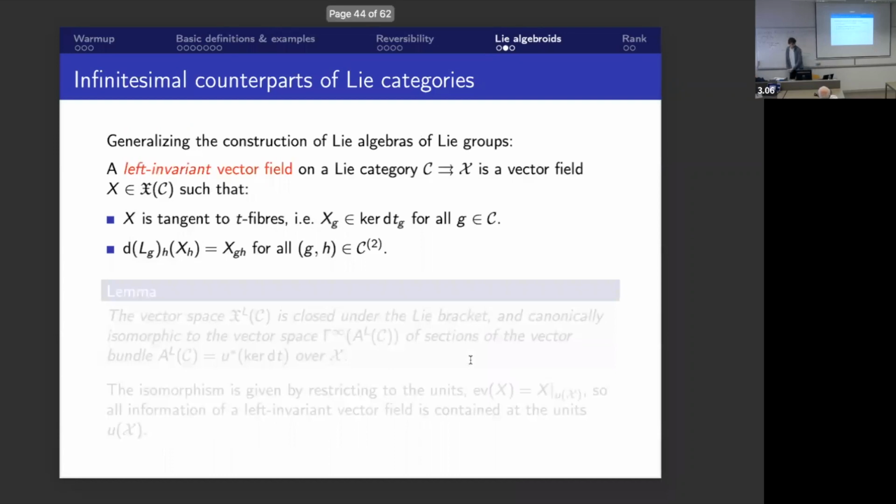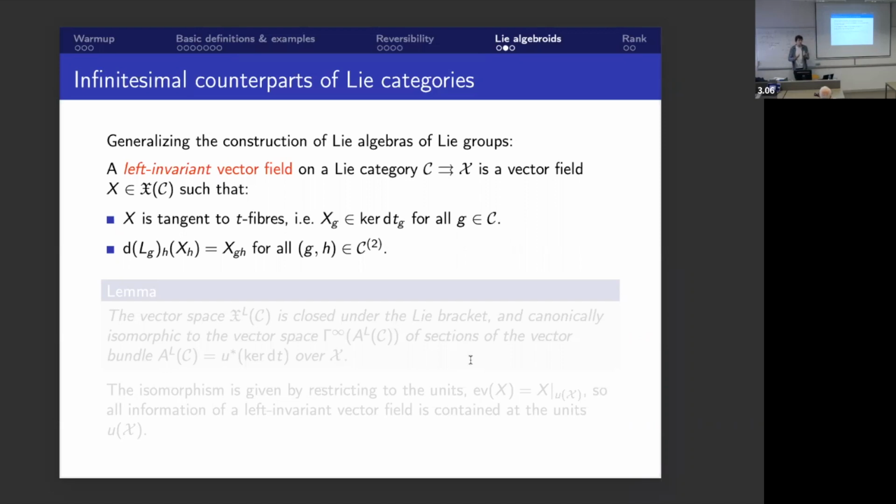All right, so how do we generalize the construction of a Lie algebra of a Lie group? So you have to remember how the construction took place, right? You were talking about left invariant vector fields on a Lie group, and it was defined by this particular formula here, right? And of course, g and h were always composable.